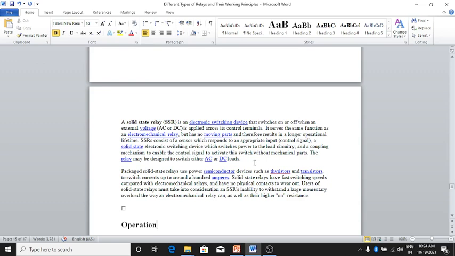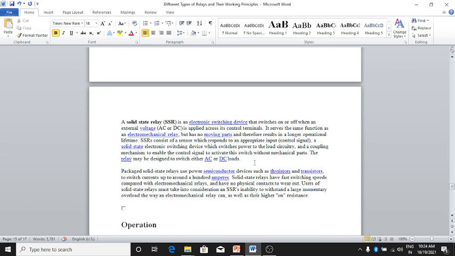An SSR consists of a sensor which responds to the appropriate input control signal, a solid-state electronic switching device which switches power to the load circuitry, and a coupling mechanism to enable the control signal to activate this switch without mechanical parts. The relay may be designed to switch either AC or DC load.